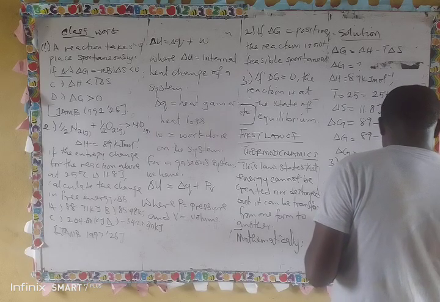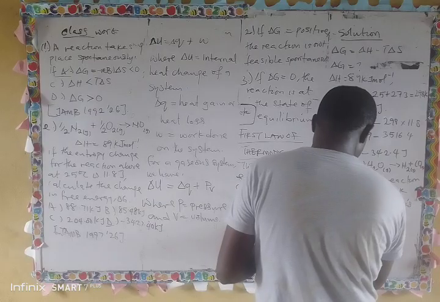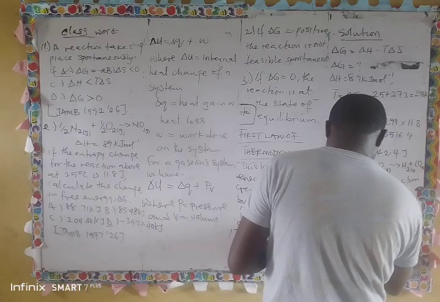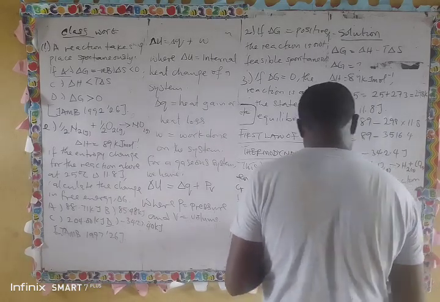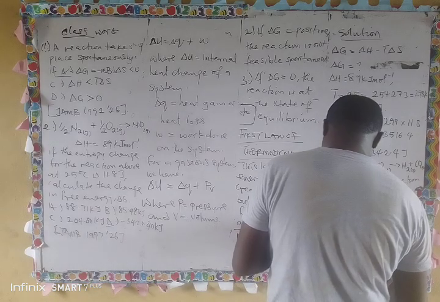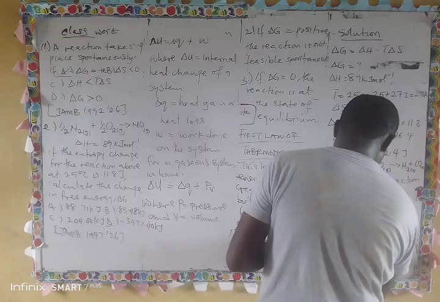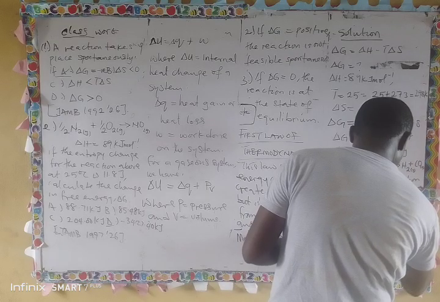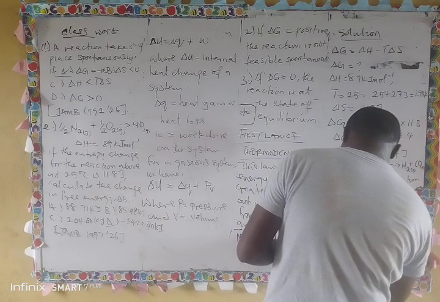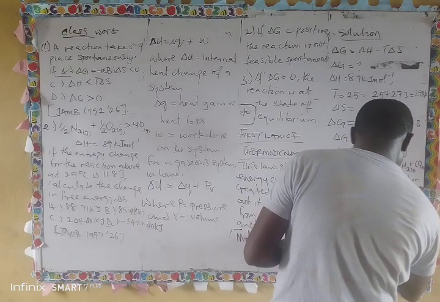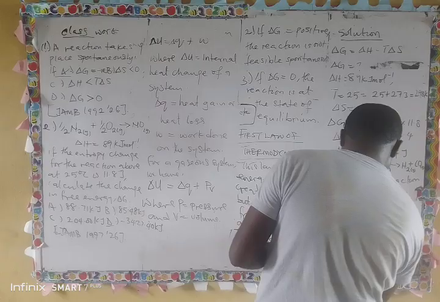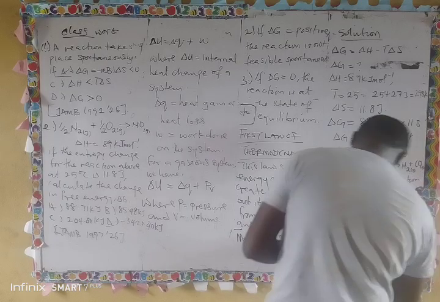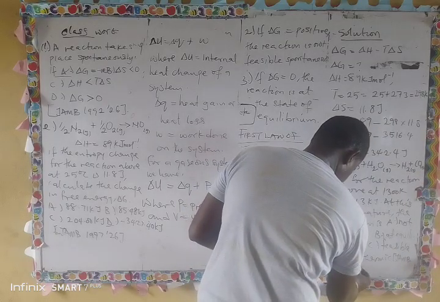At this temperature, the reaction is: A, not feasible; B, at equilibrium; C, feasible; D, exothermic. This is JAM 2009, question 25.